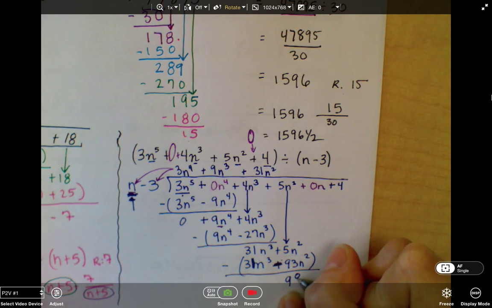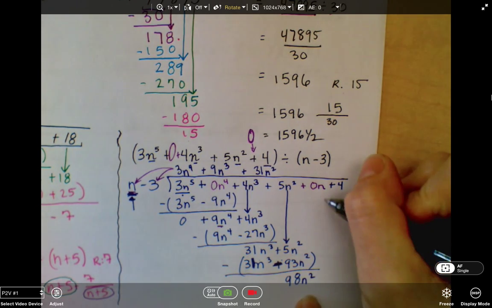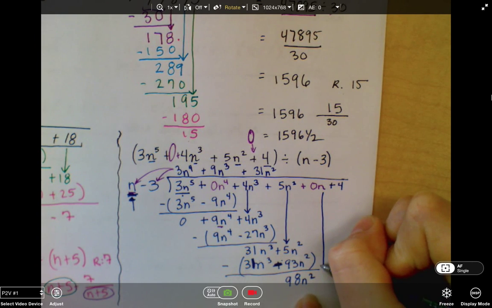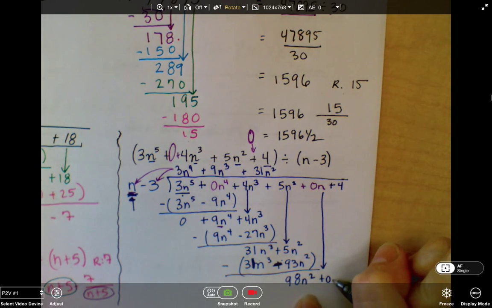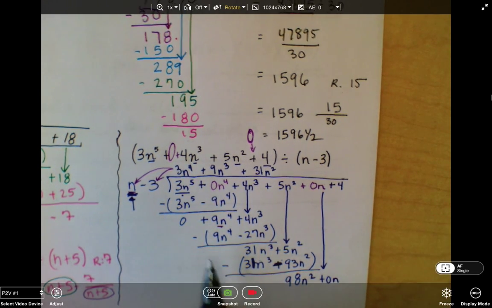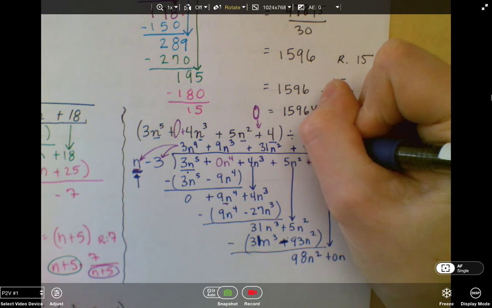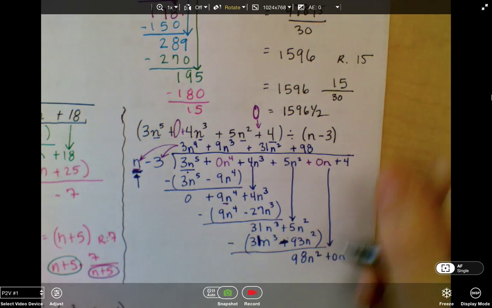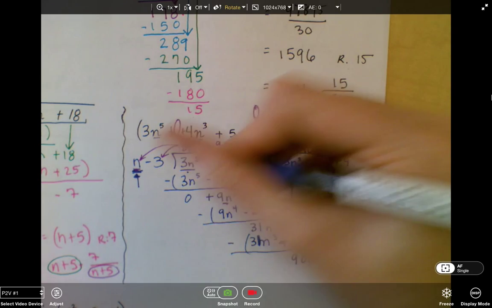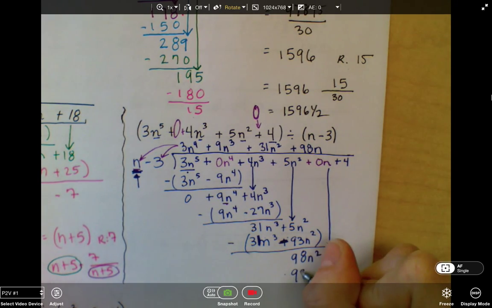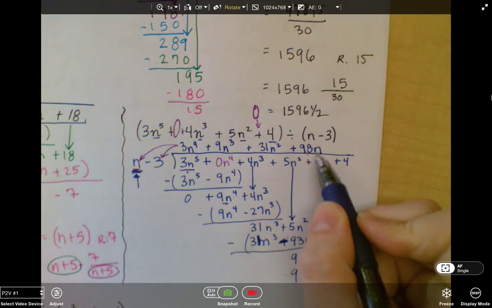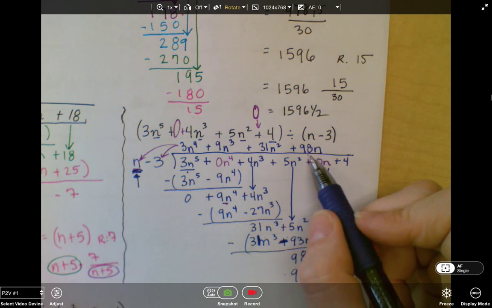So now we're all the way up at 98n squared. And now we're bringing down that 0n. Now you can see these numbers are getting pretty big pretty fast. So n goes into 98n squared, 98n times. That's going to make 98n squared when I multiply this term by this term.